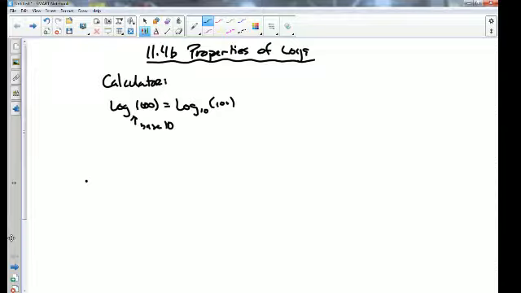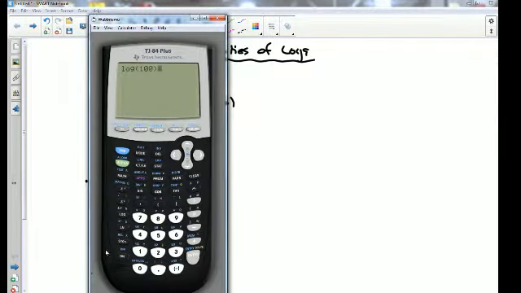The other is ln. That is not base 2. It's base e.